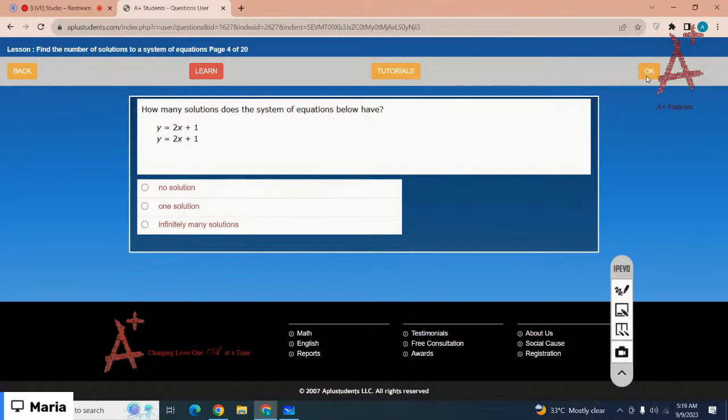So the equations have infinitely many solutions. So the system has infinitely many solutions.